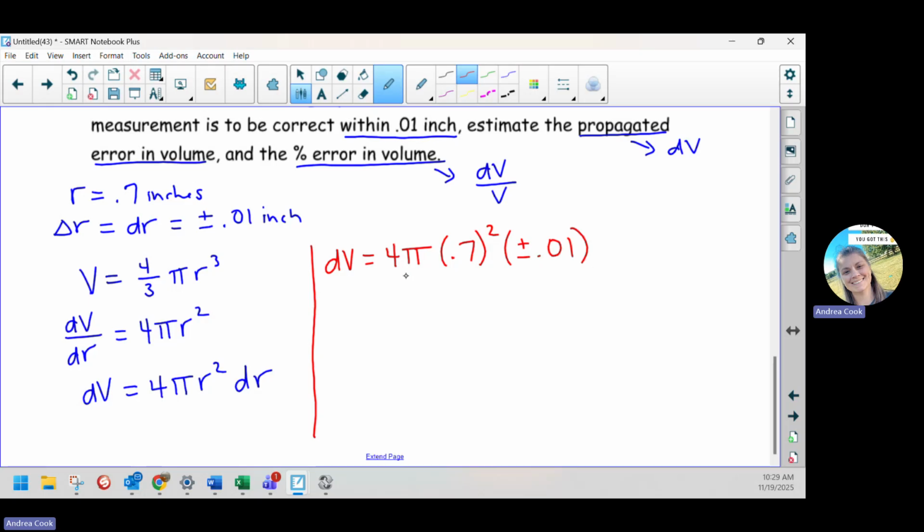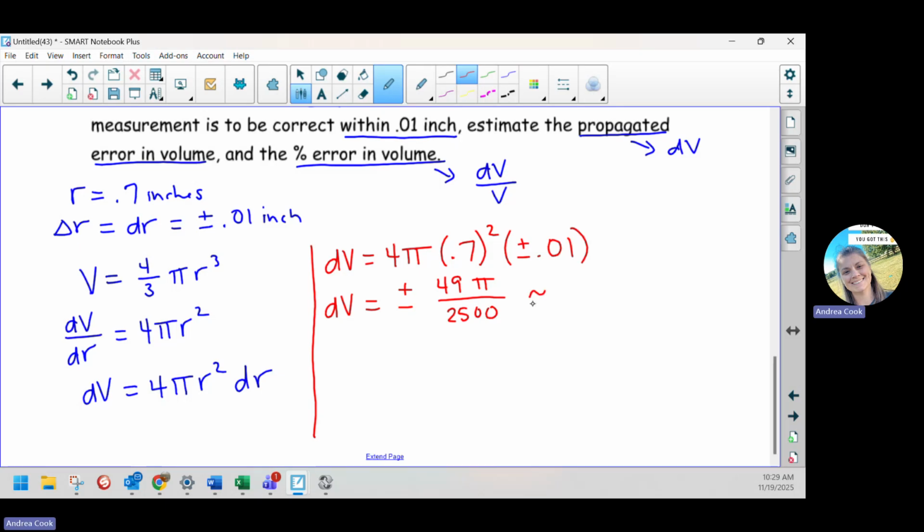So when you put that into your calculator, leave out pi when you enter that into your calculator and turn it to a fraction. So dV, when you type that in, should come out to be plus or minus 49 pi over 2,500.